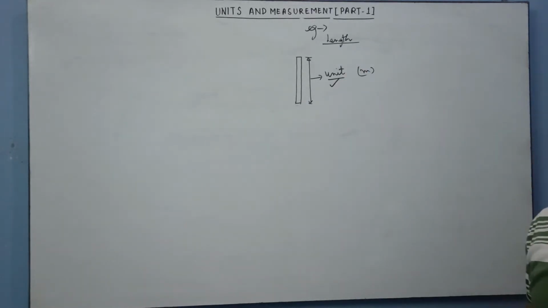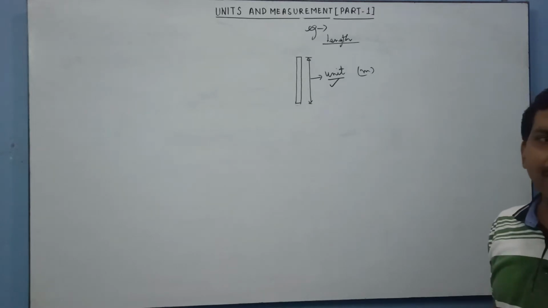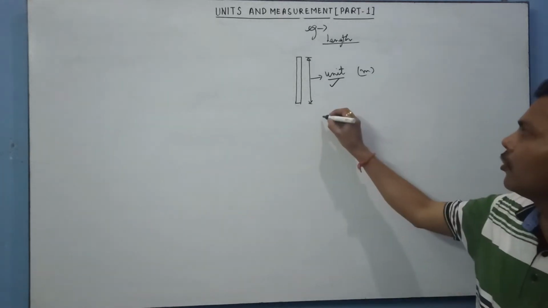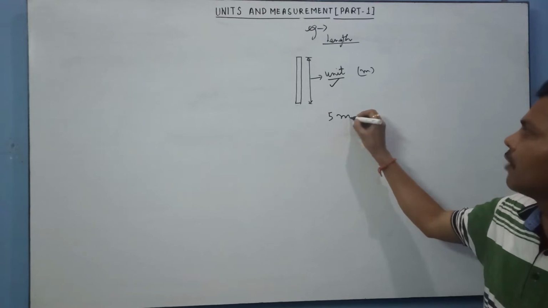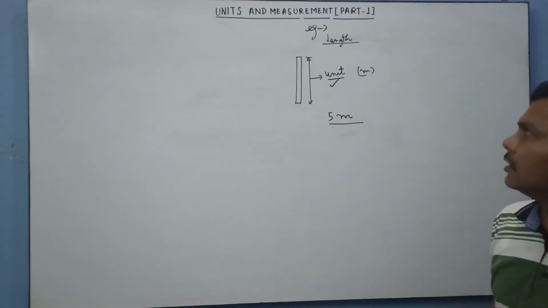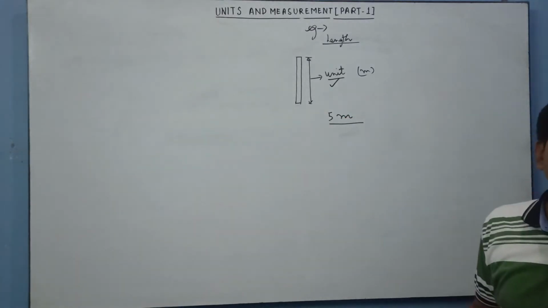If it comes to be 5 times, then the length of your room becomes 5 meter. This is the measurement of length.